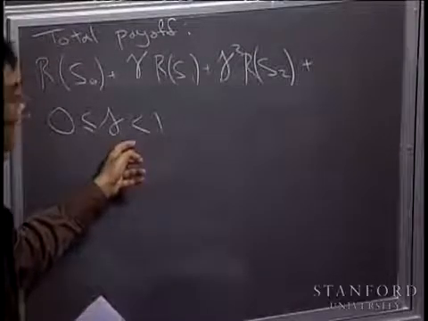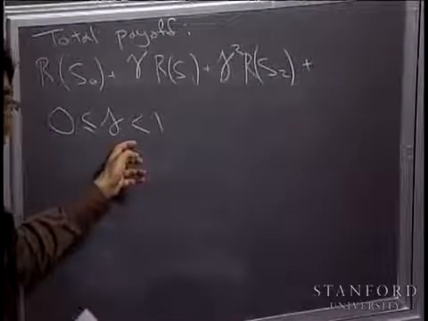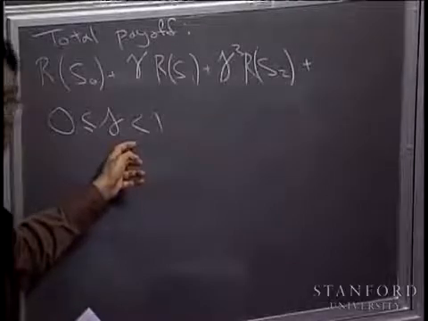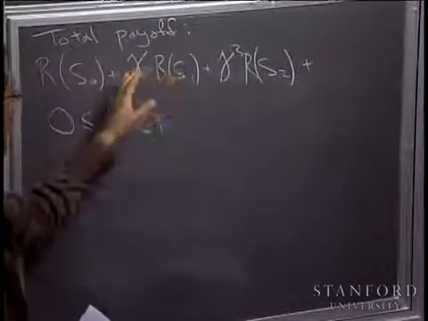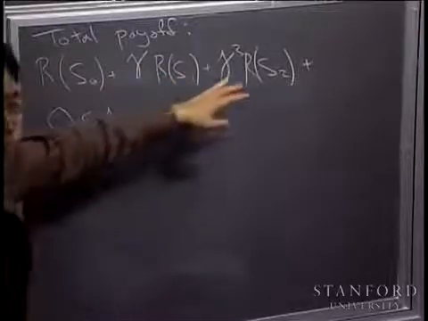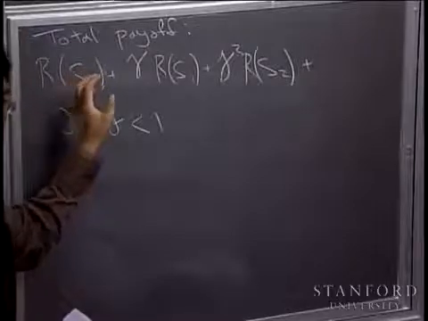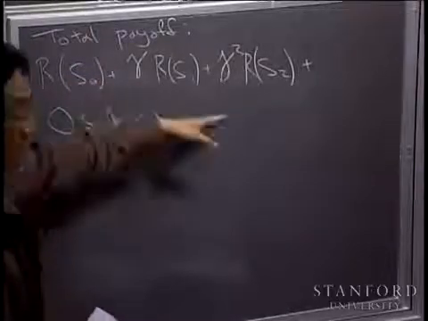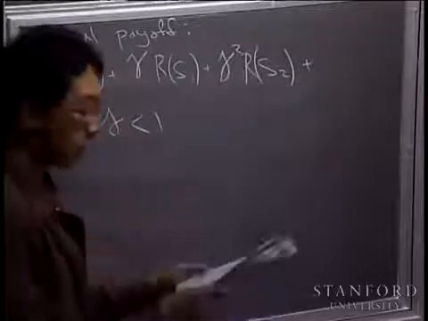And conversely, having to pay out $1 tomorrow is better than having to pay out $1 today. So the effect of the discount factor gamma is that it tends to weight wins and losses in the distant future less than wins and losses in the near term.